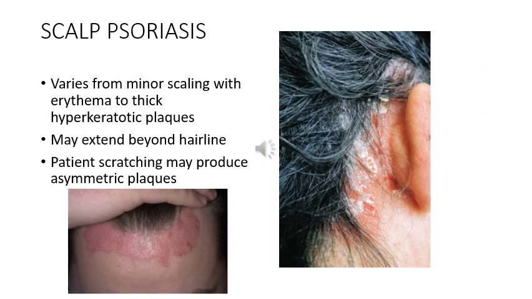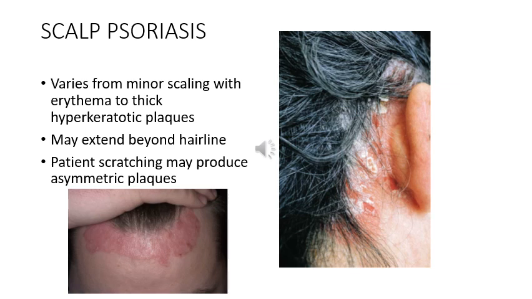Scalp psoriasis. It varies from minor scaling with erythema to thick hyperkeratotic plaques. In some cases, the scales will be minor in the scalp with redness, and in other cases, it will be hyperkeratotic, meaning thick, large plaques.